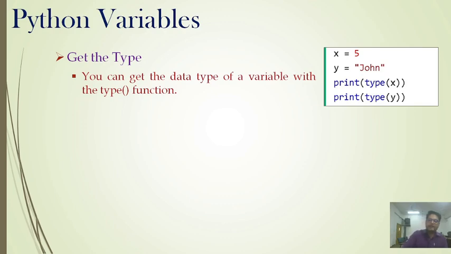If I print that, I get integer as the output, because x equals 5, and for y I get string as the output. So to know the data type of a particular variable, we simply use the type function, or type keyword.